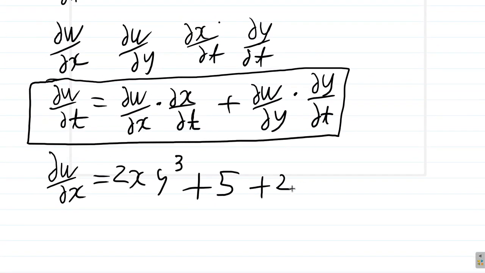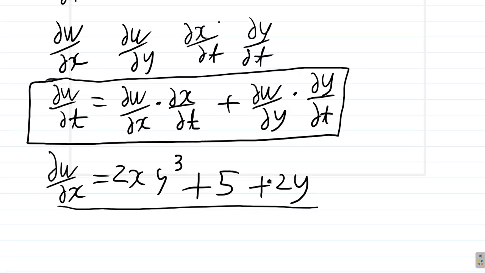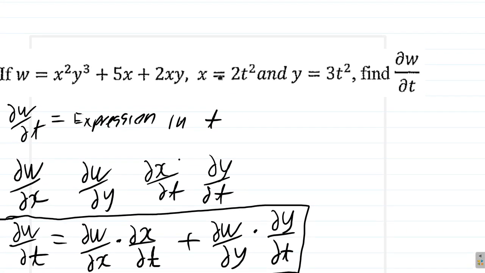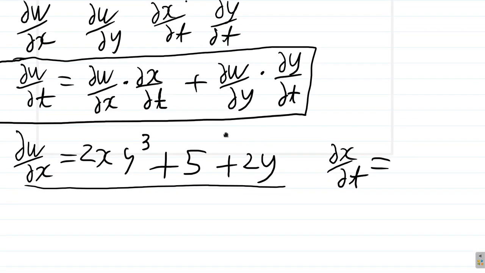You have 2y. Okay. What about partial x by partial t? We're going to multiply them. Partial x by partial t equals, 2 times 2 is 4, it's just 4t. So this will be 4t.